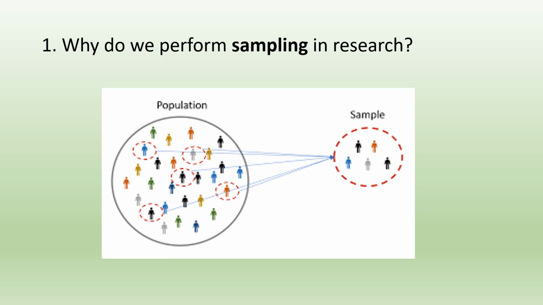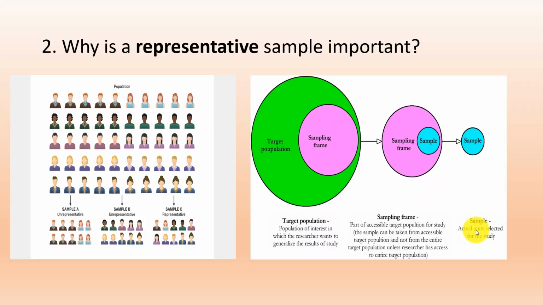So now I've given you a couple of reasons why we do sampling, why it's not possible to even go through the process of getting everybody from a population. Sampling has to be the way we do it, and even sampling takes time and money in a lot of cases. So that's why we do perform sampling in research.